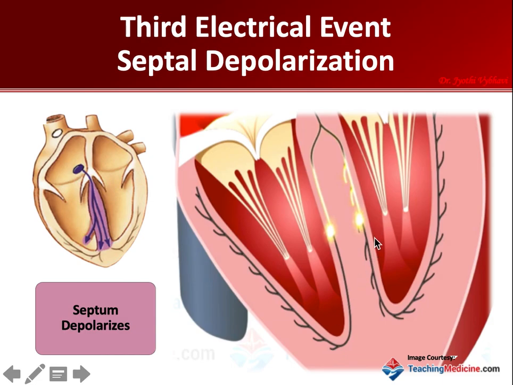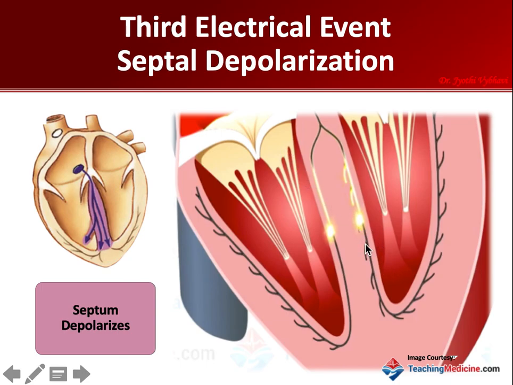So the wave of depolarization sweeps from the left side to the right side. Here in the upper part there is fibrous tissue, whereas in the downward part there is the septum, and the bundle branches are present down there. So the depolarization wave is coming from left to right and from downwards to upwards.